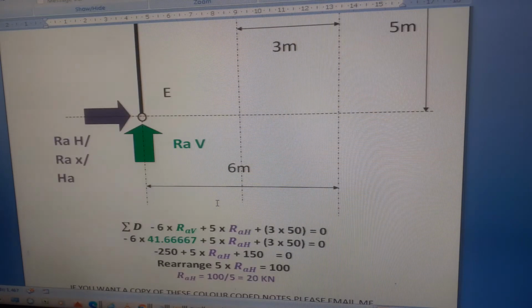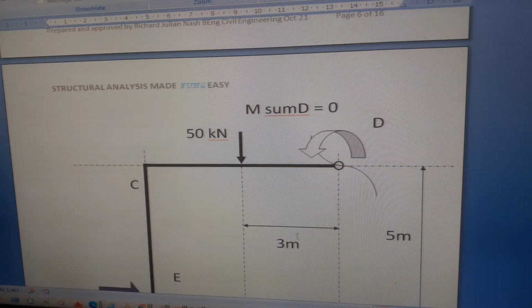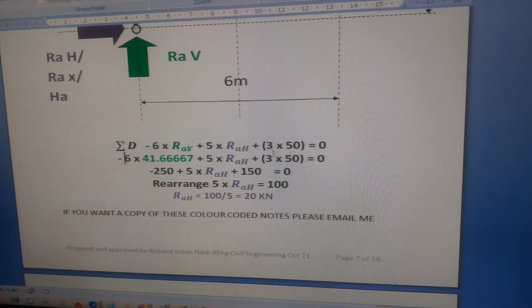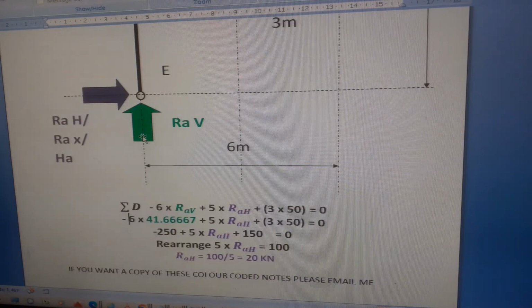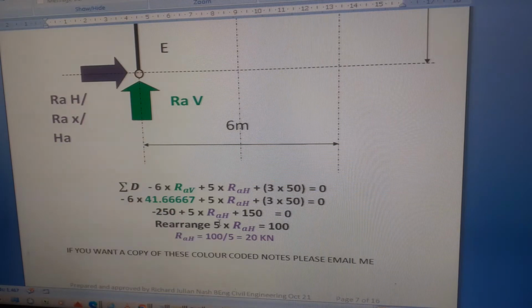Sorry, 3 times 50, isn't it, because anti-clockwise is positive. So 3 times 50 is 150, and 5 times RAH is also anti-clockwise, and 6 times 41.6667 is equal to minus 250. So minus 250 plus 5 times RAH plus 150 equals 0. If we rearrange this, we get 5 times RAH equals 100. That means RAH equals 100 divided by 5 equals 20 kilonewtons.